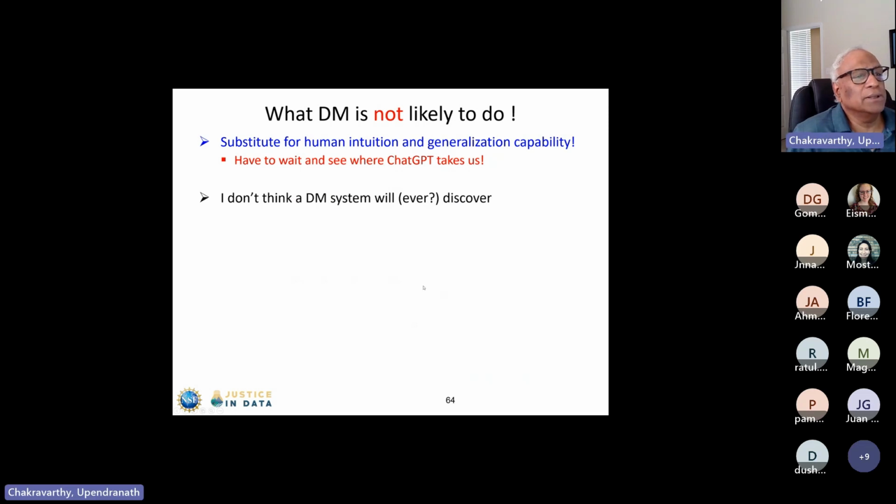So here are the things I think a data mining system will not discover. Does anyone have an example? No? So here's the first one. E equals mc squared.